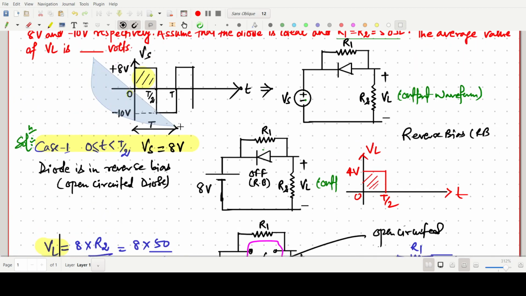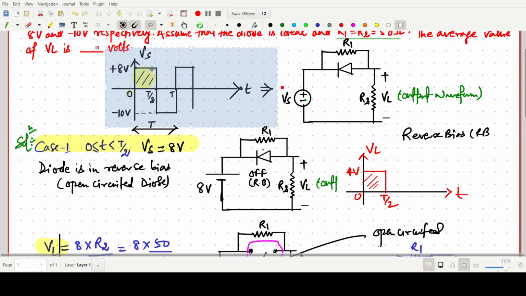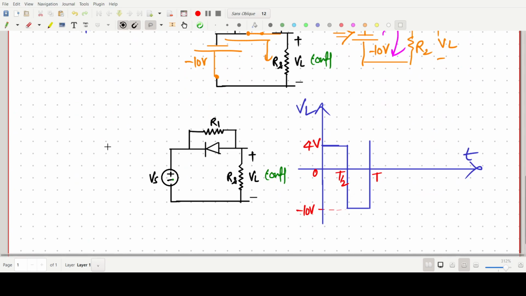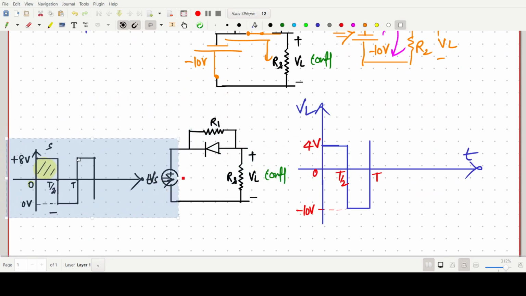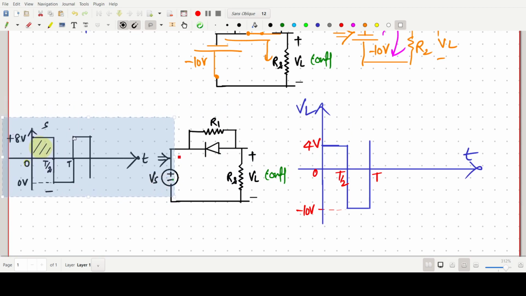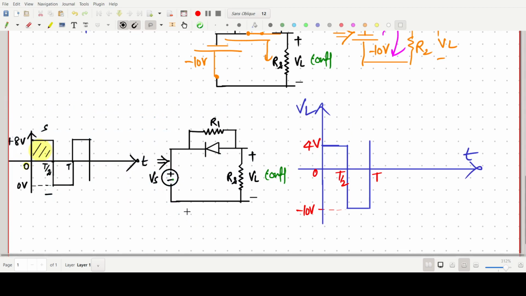I am just copying this. So we are giving this as an input, we are getting this as an output.